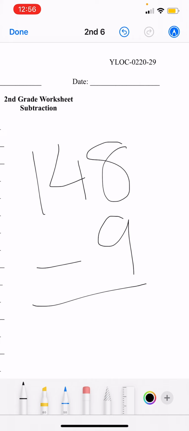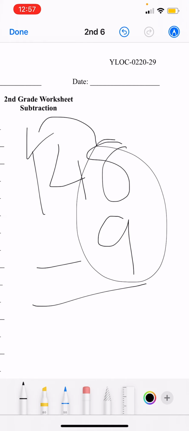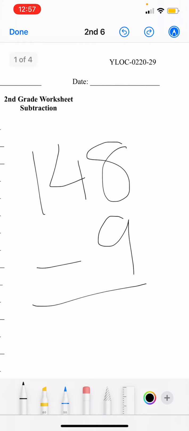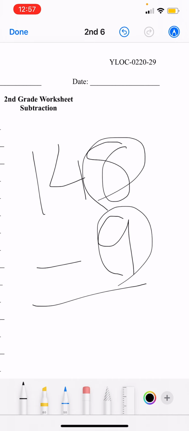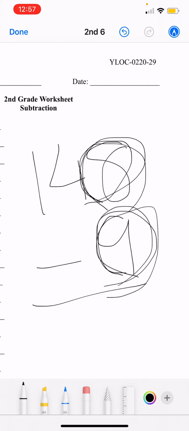So remember, when we subtract, we will always start from the right side and work our way towards the left side. Okay, so here we have 8 minus 9. Now I want you guys to stop and think about it. We have an 8 on top of 9, a 9 below 8.